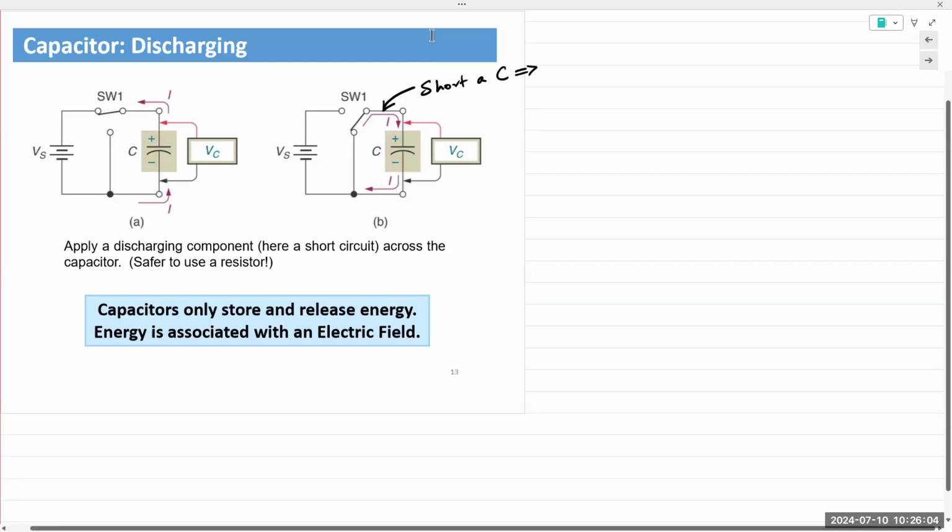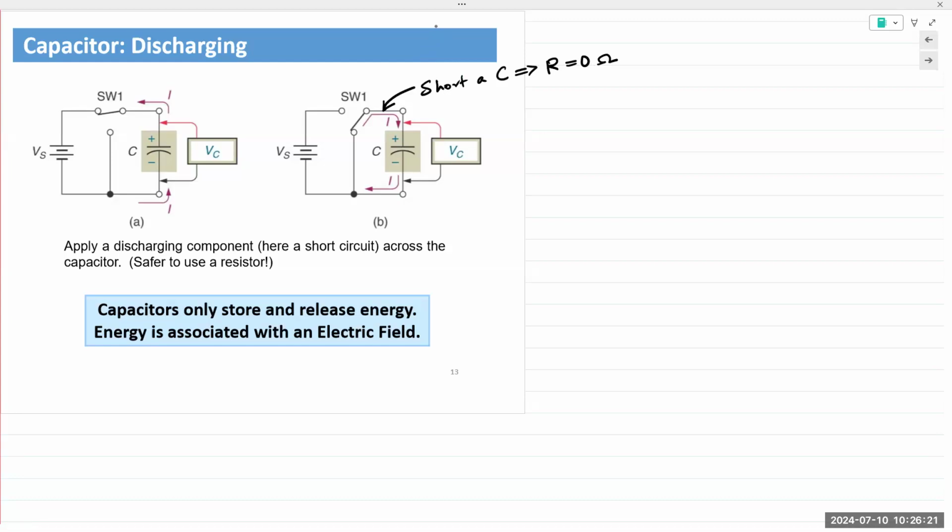Shorting a capacitor means you connect a resistor with a value of R equal to 0 ohms between its two leads. And in general, if you have an energy source or trapped energy in any component, if you connect the two terminals together, all of that energy is released all at once.